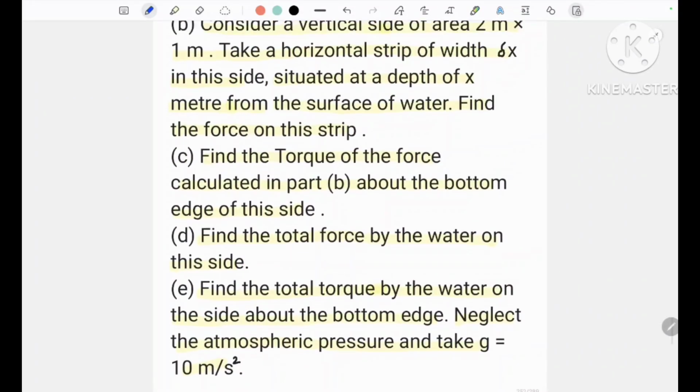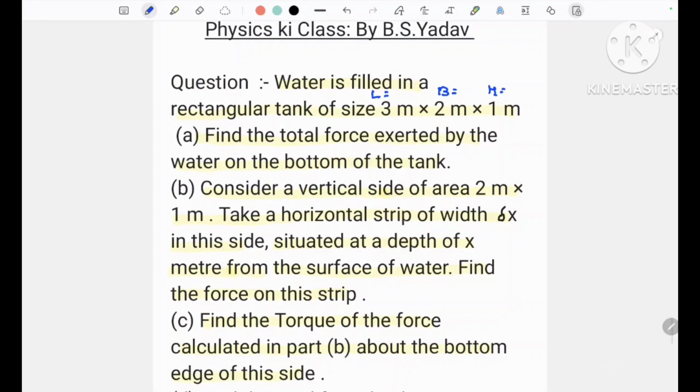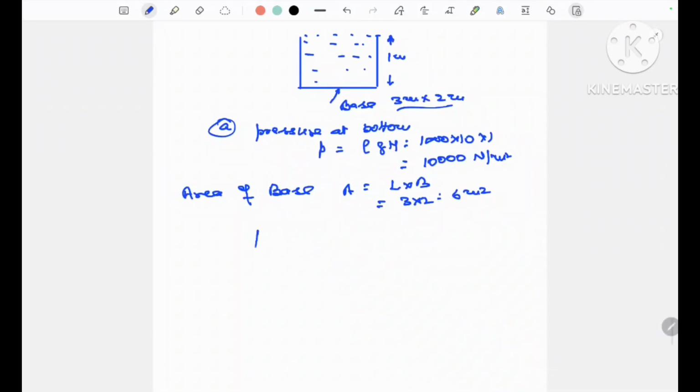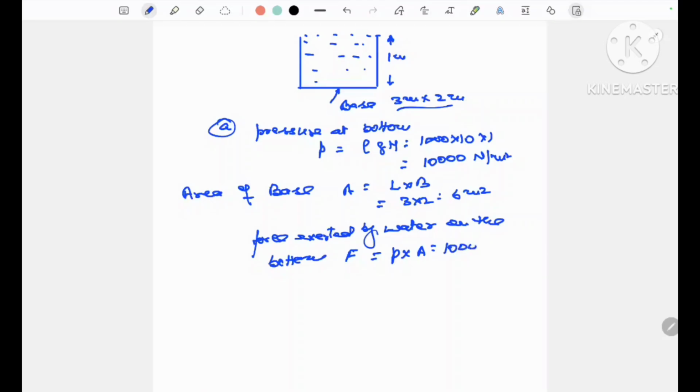The force exerted by water on the bottom is P into A, 10,000 into 6, 60,000 Newton.